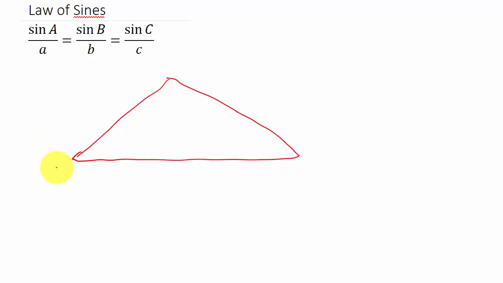We call this angle A, this angle B, and this angle C. Side A is opposite angle A, side B is opposite angle B, and side C is opposite angle C. So that's what the triangle would look like.